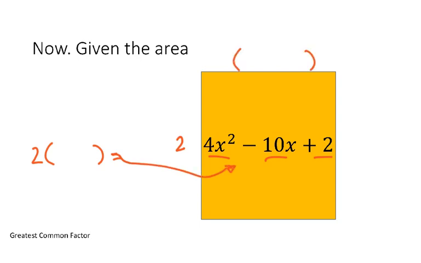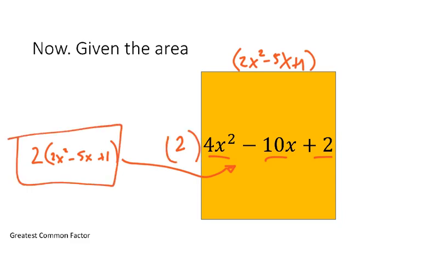And that something is going to have to be 2x squared minus 5x plus 1. So that when I multiply it back out, I get what I started with. So again, it's this area model. This would be your factored form of your original area.